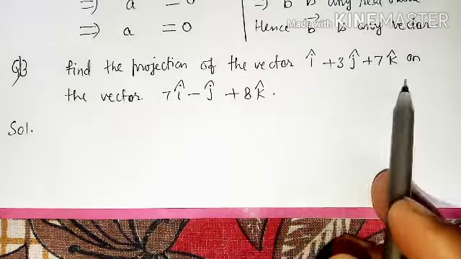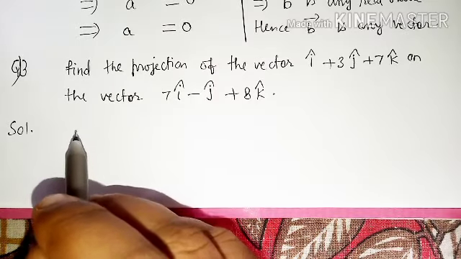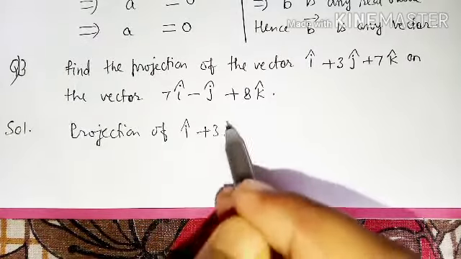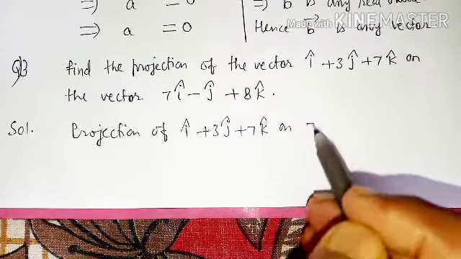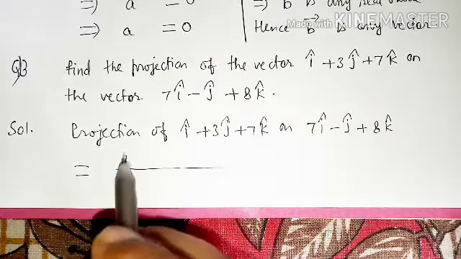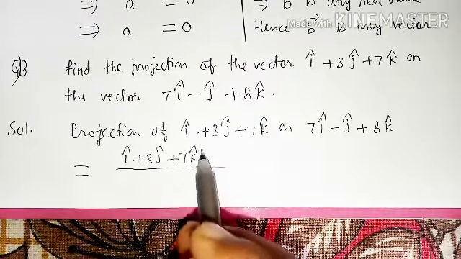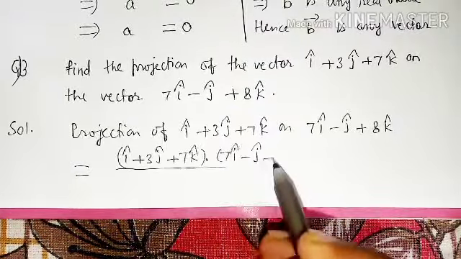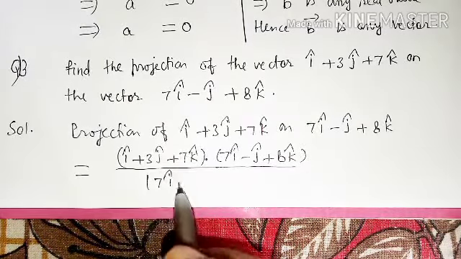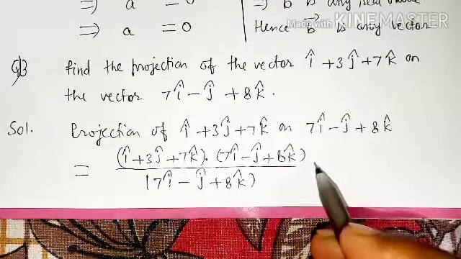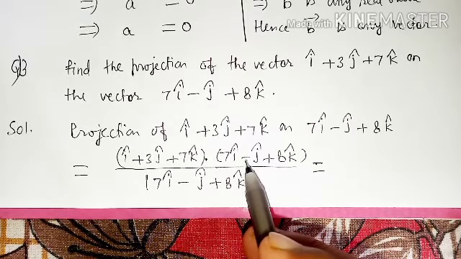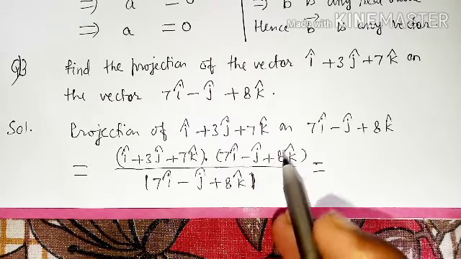Find the projection of the vector on the vector. We know that projection of vector A on vector B is equal to A dot B divided by magnitude of vector B. Here 1 into 7, 7. 3 into minus 1, minus 3, 7 minus 3, 4. 7 into 8, 56. 4 plus 56, 60.